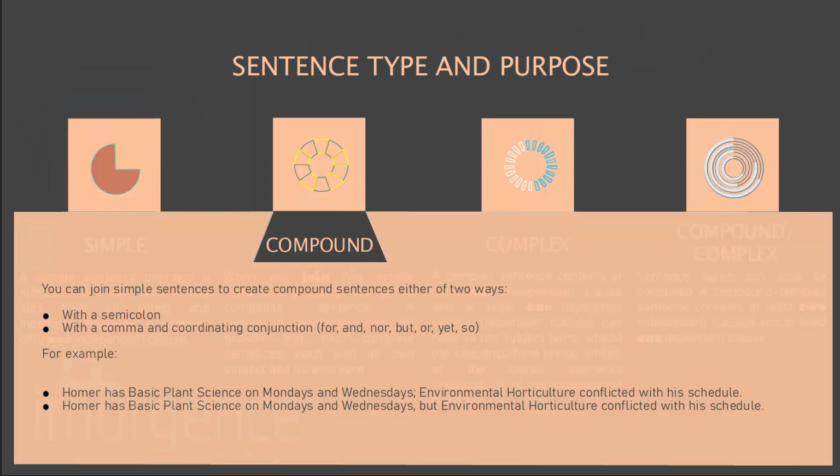In the first example, we have joined the sentences using a semicolon, and in the second example, using a comma. In other words, you can consider a compound sentence as one which joins two sentences or two different subjects using a conjunction or a punctuation mark.